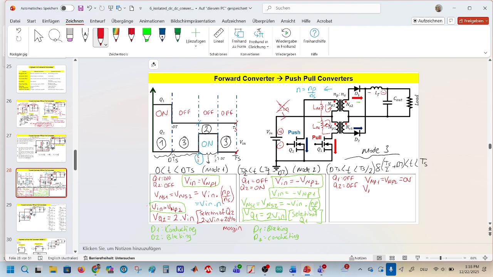And on the secondary side it is exactly the same. If there is no induced voltage on the primary side, the secondary side of the transformer should also have 0 volts. That means this guy here has a potential of 0 volts, and this also has 0 volts.